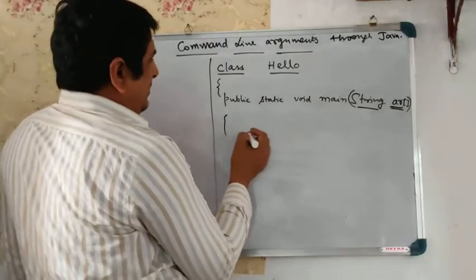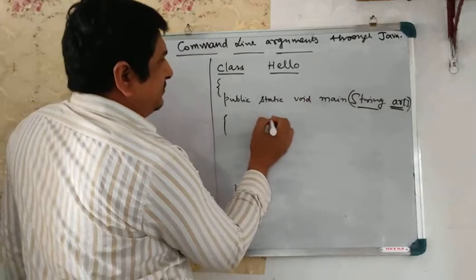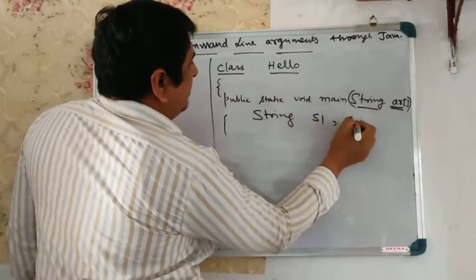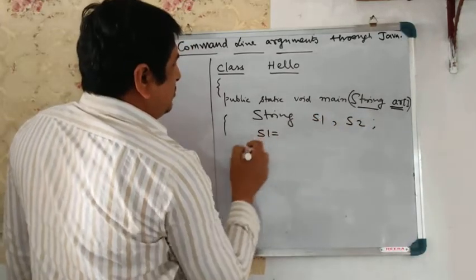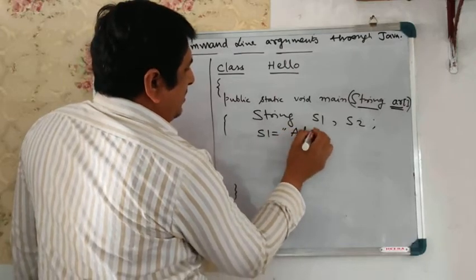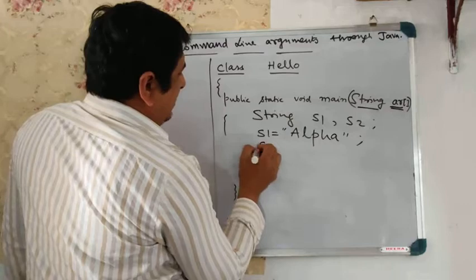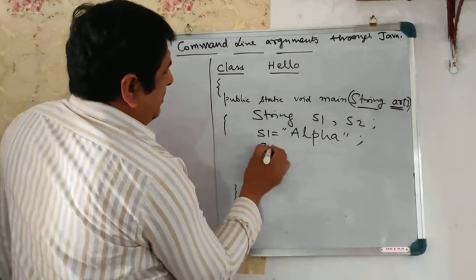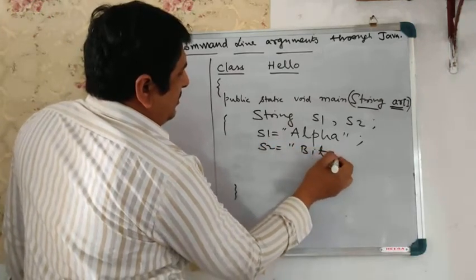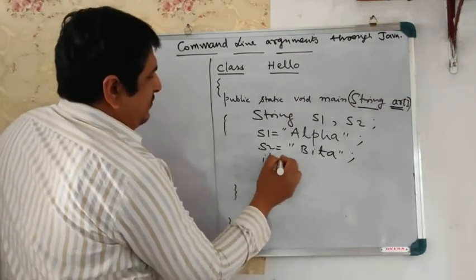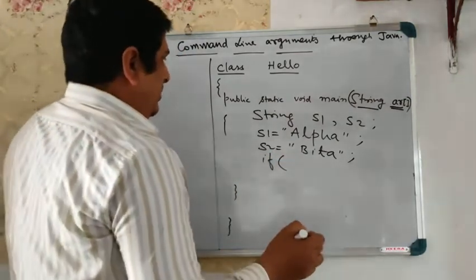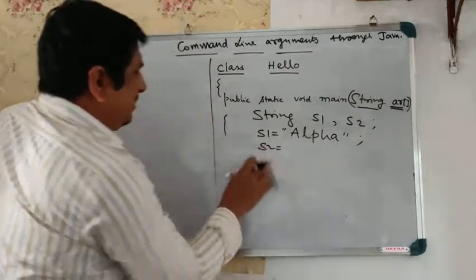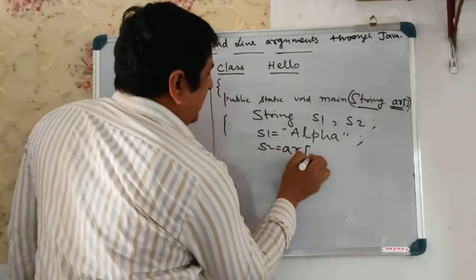If I write like this: String args, String S1, S2. S1 equals alpha. S2 equals AR0.